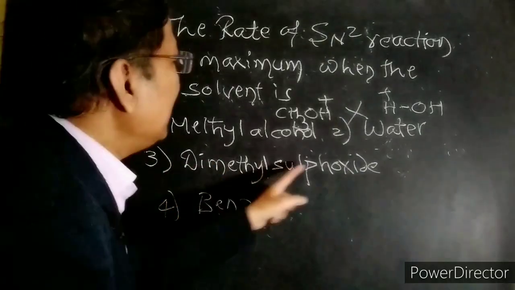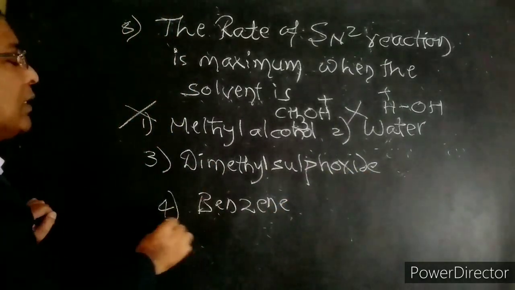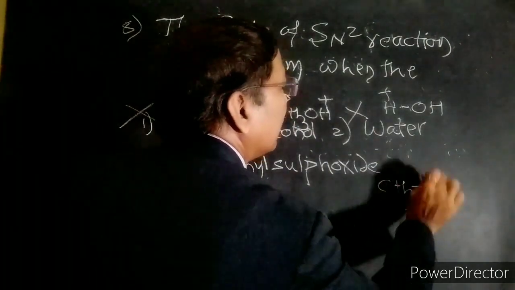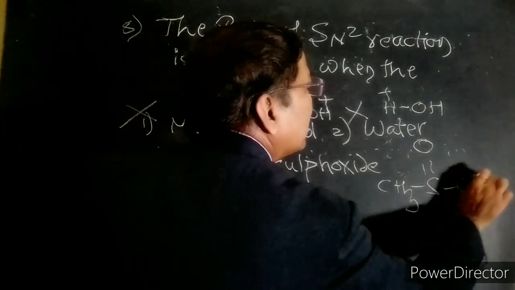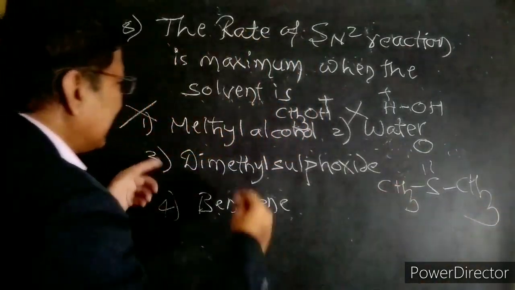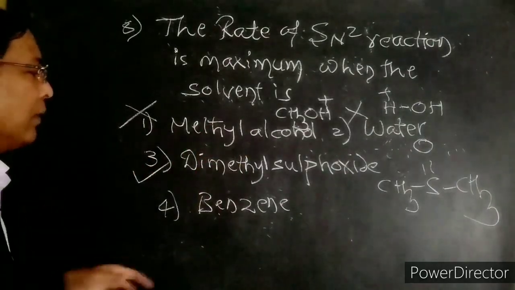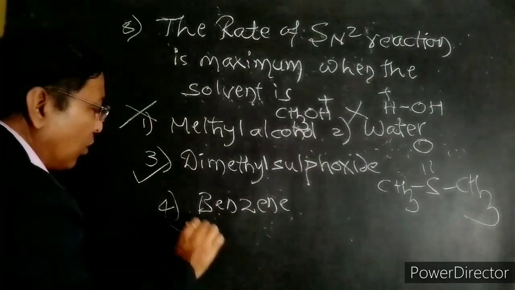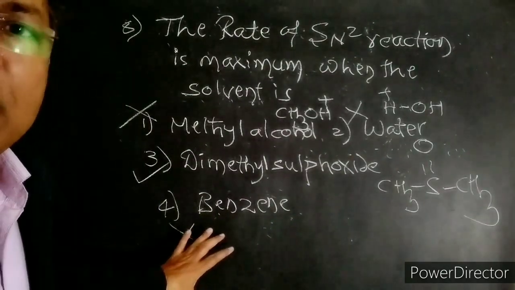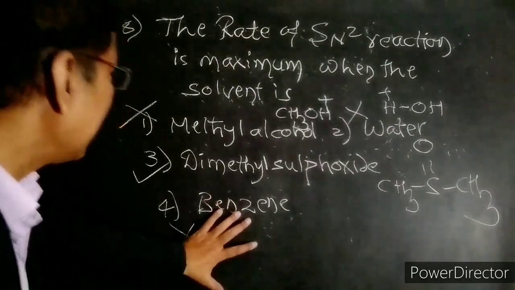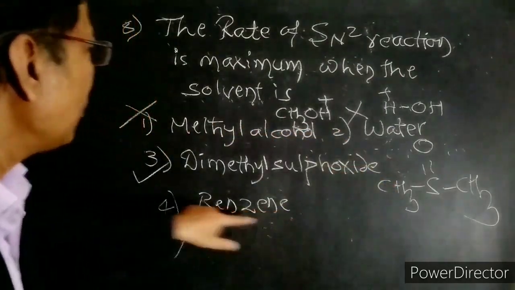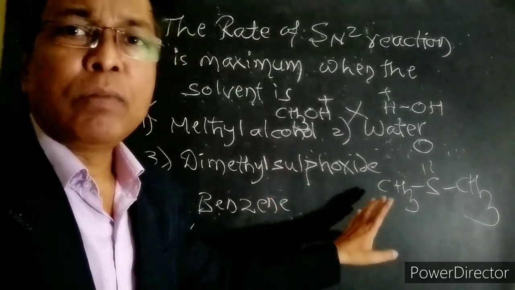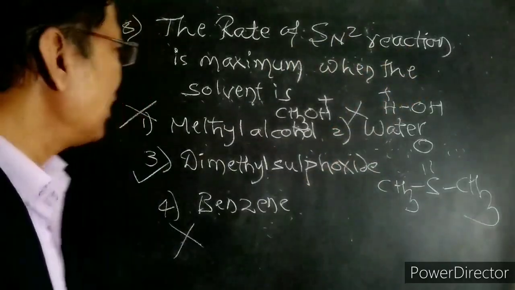And dimethyl sulfoxide is polar aprotic solvent that favors the SN2 reaction, and benzene is non-polar solvent, so it is not favorable for either SN1 or SN2 reaction, so it is out of contest. Therefore, out of these four solvents, dimethyl sulfoxide is polar aprotic solvent that favors the SN2 reaction. Therefore, the answer is 3.